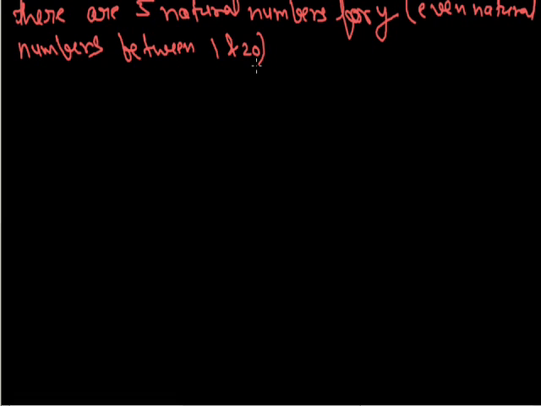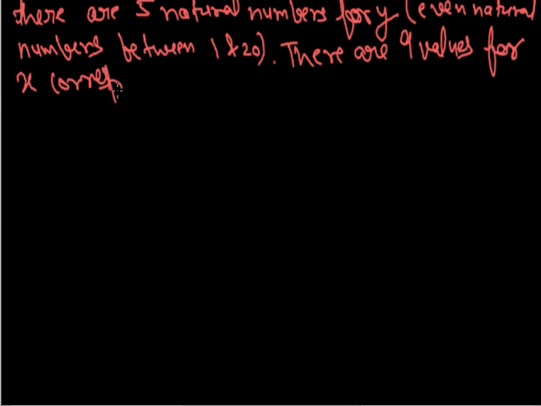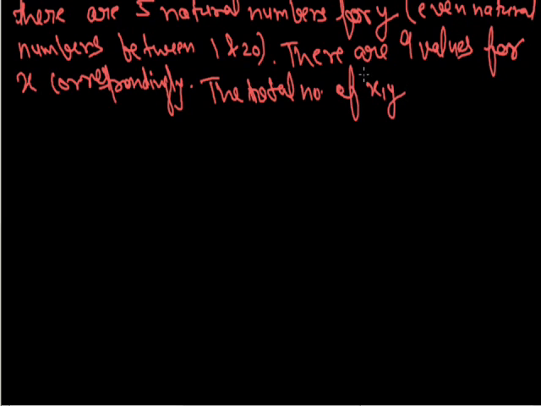There are 9 values for y. So correspondingly, the values for x are also 9. The total number of (x, y) pairs is therefore 9.